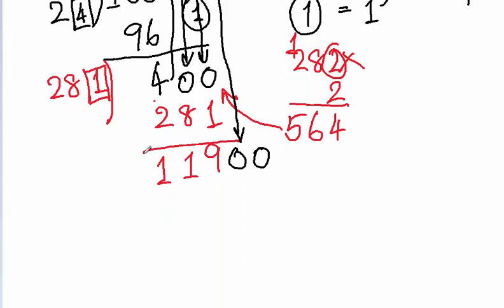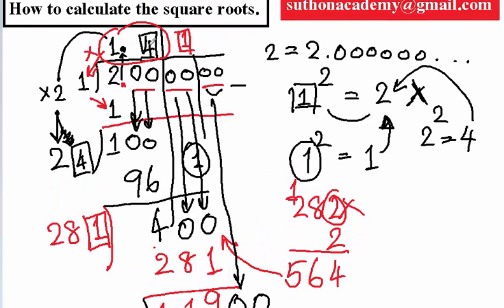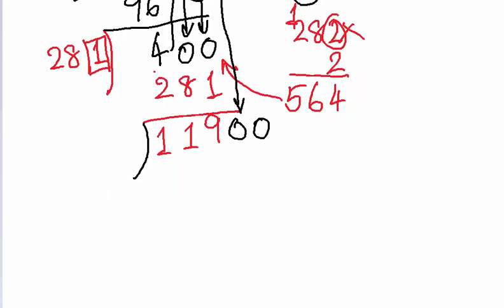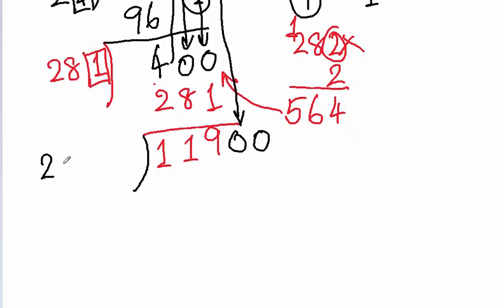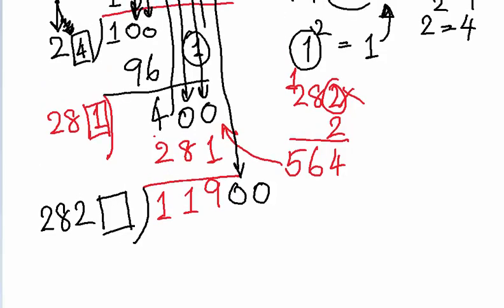Okay, and then I have to multiply 2 by 141. It will become 282, right? Okay, I will write down 282, and I have to think of a number here that, after the multiplication, is not greater than 11900.